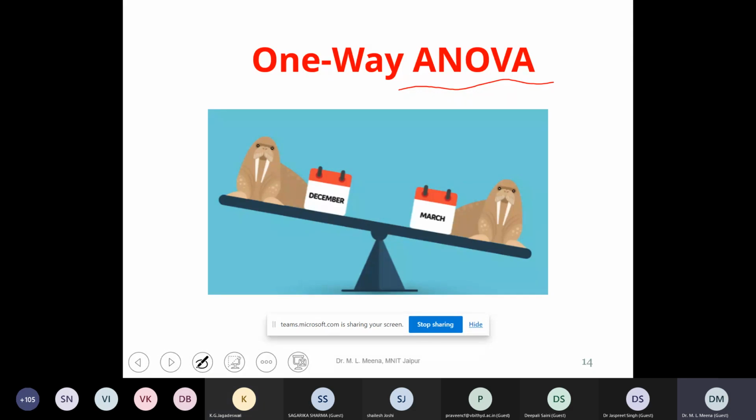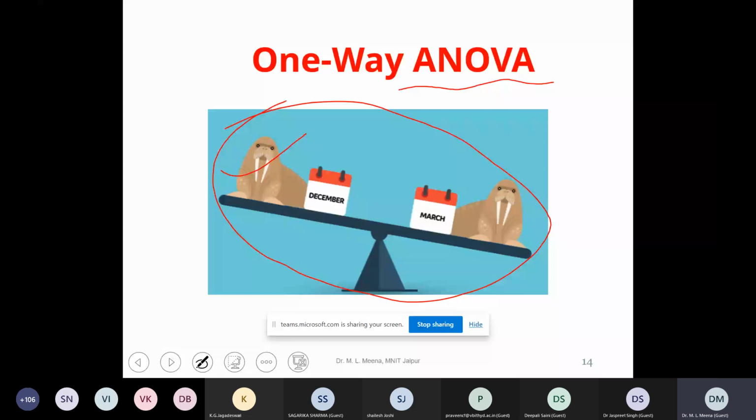For example, a researcher studying a population of walruses might ask, do our walruses weigh more in early or late mating season? Here, the independent variable or factor, the two terms mean the same thing, is the month of mating season.